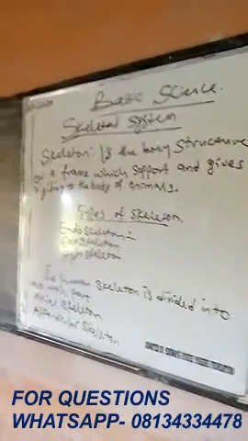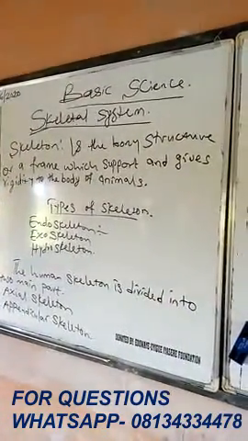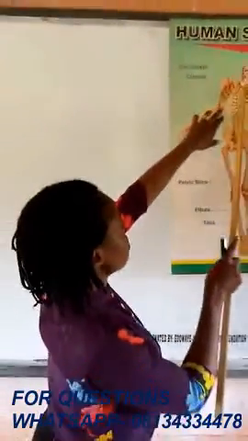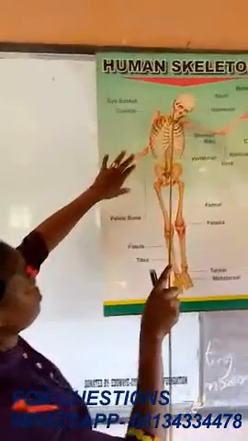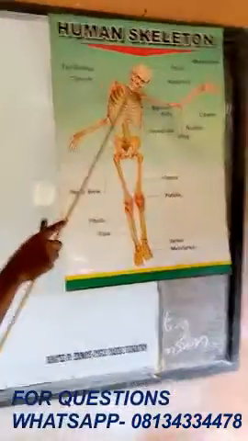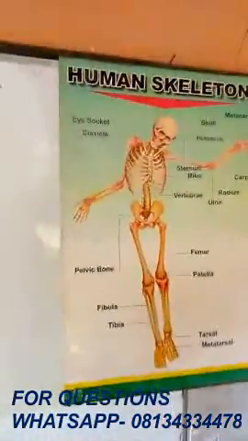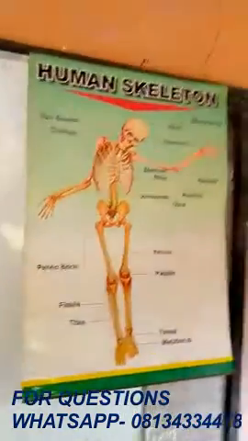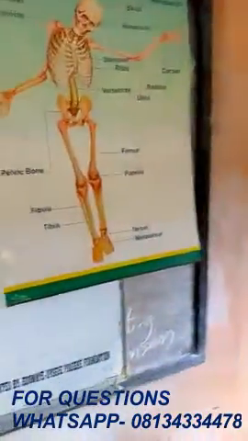Now we are going to identify those regions. The first region is located at the neck, which is called the cervical vertebra.